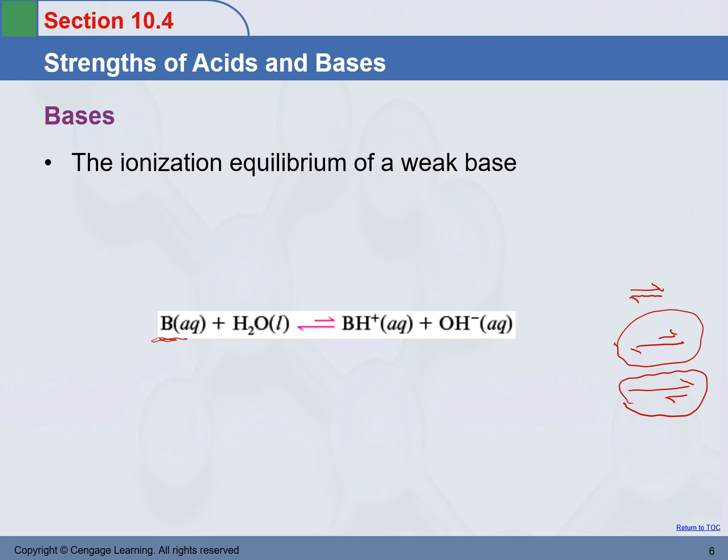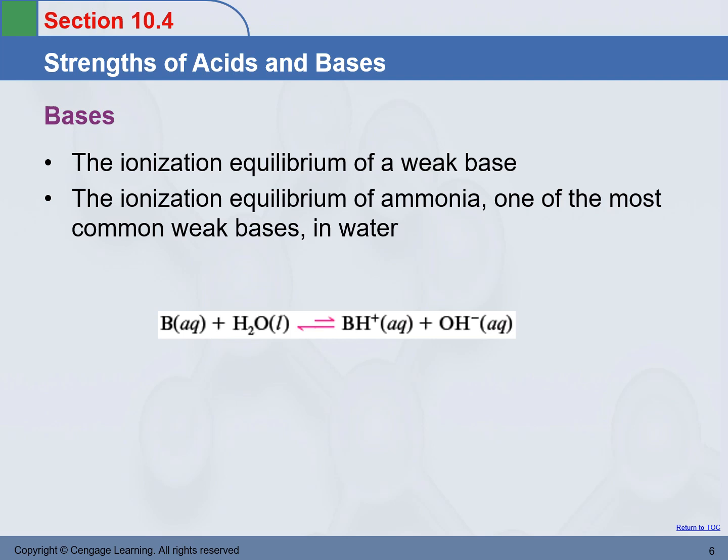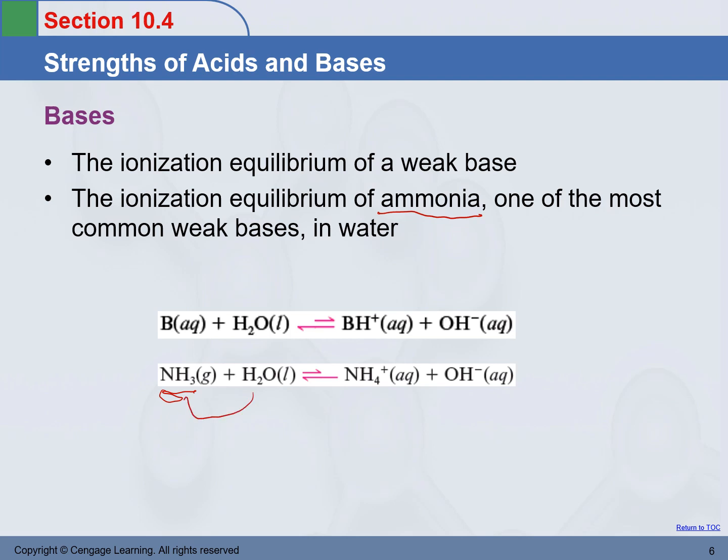The most common weak base, which is probably the only weak base you're going to encounter in this class, is ammonia. And here is the ionization equilibrium of ammonia. Ammonia is getting a proton from water.